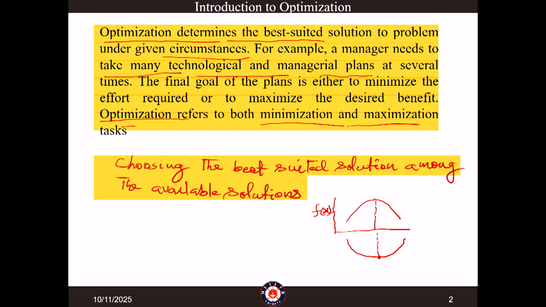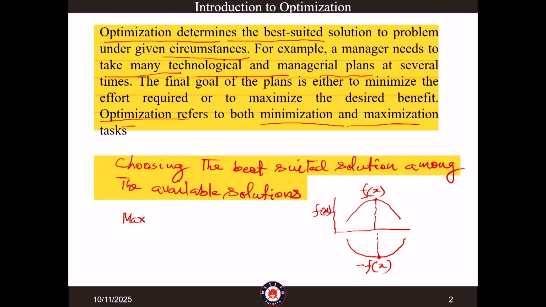So I can write this function as f(x) and the other function as minus f(x).